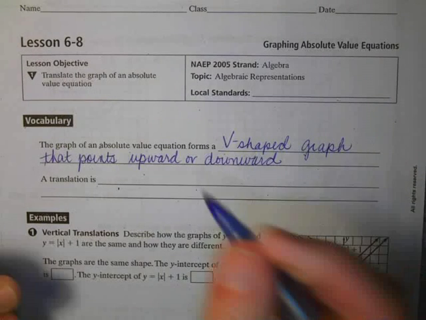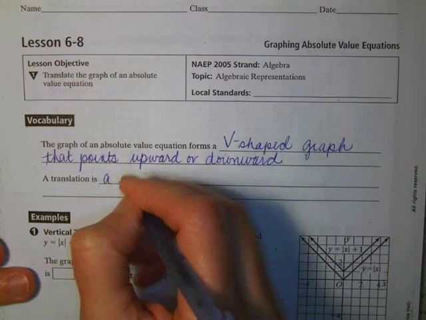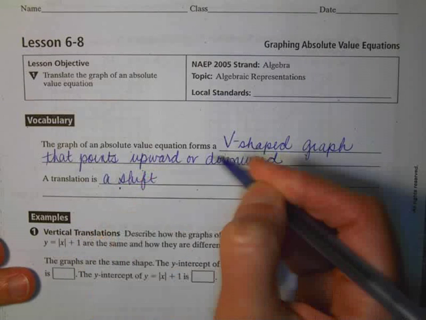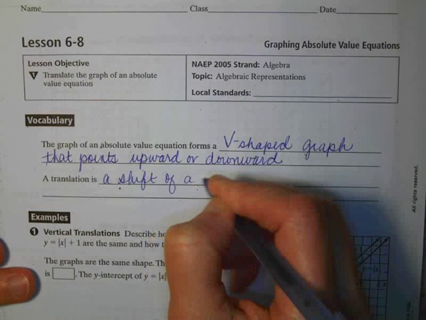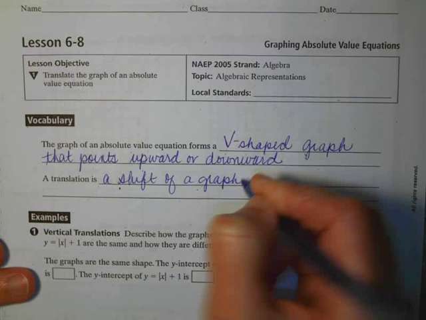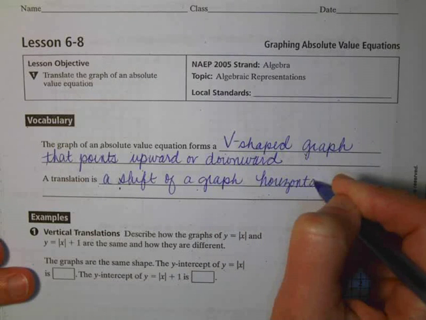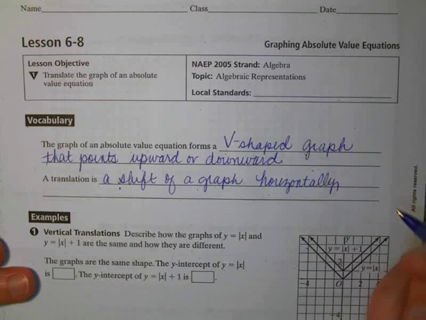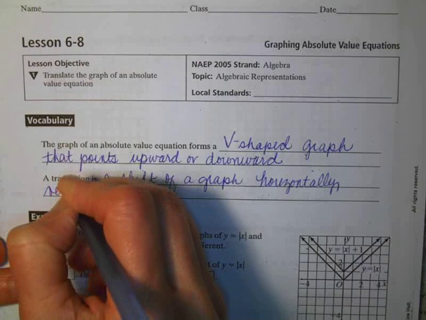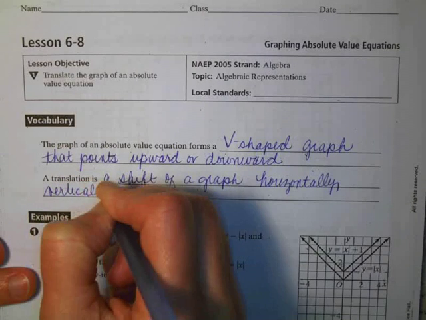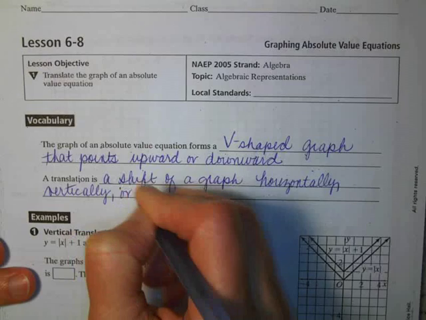And a translation is a shift of a graph horizontally, vertically, or both.